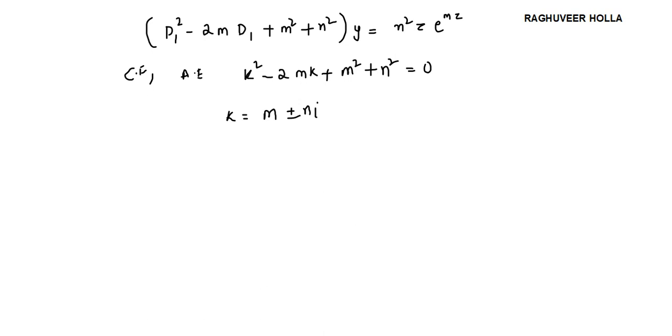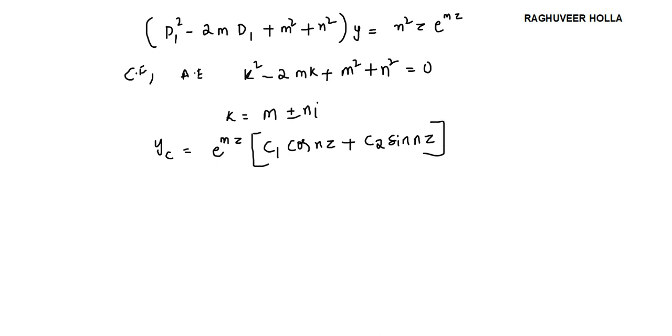Now let us write the complementary function corresponding to that. So yc, now this will be in terms of z, so e to the power of mz multiplied by c1 cos nz plus c2 sin nz, close the brackets.